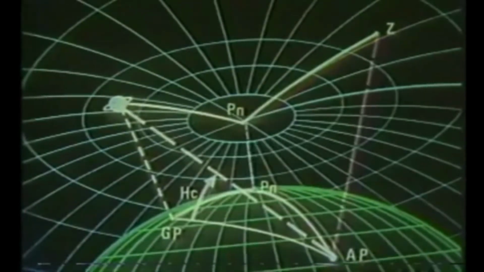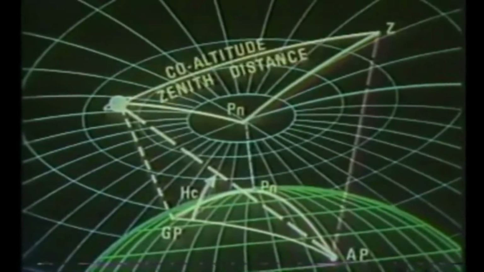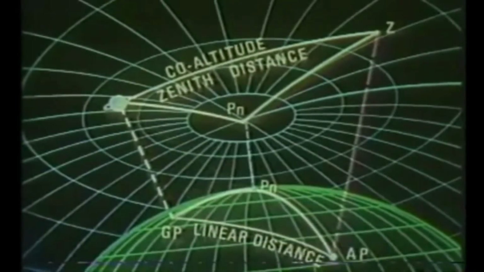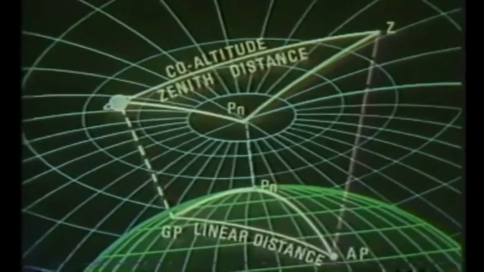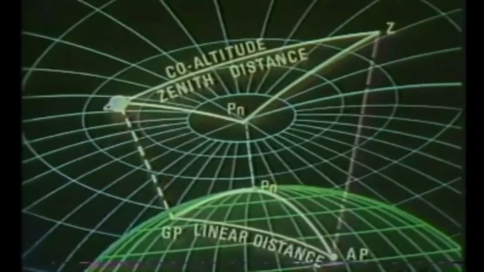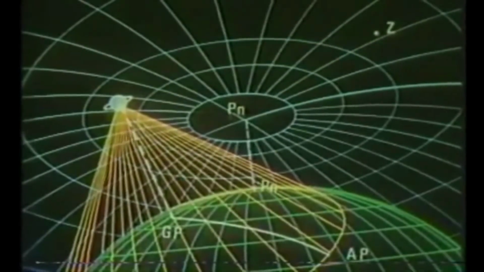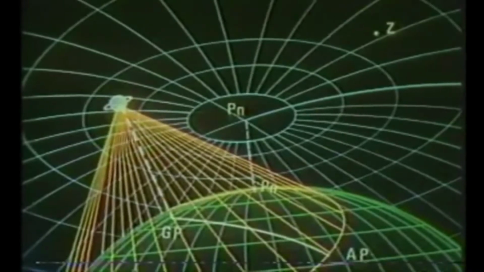When you have HC, you can compute the co-altitude, or zenith distance, the third side of your celestial triangle. This gives you the linear distance from the GP of the celestial body to your AP, or in other words, the radius of the circle of equal altitude from the GP to your AP.